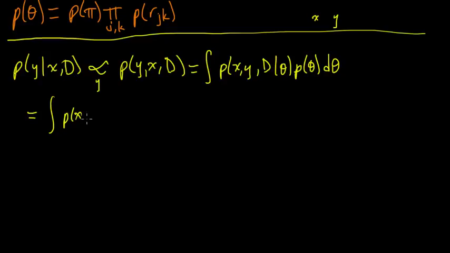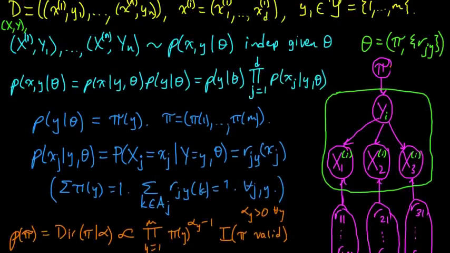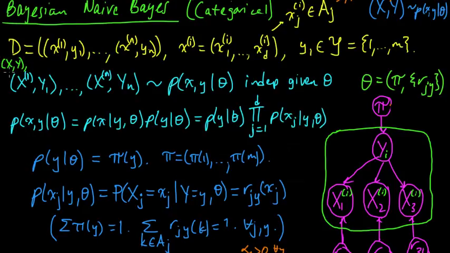So this factors, because each of these points, maybe I should be a little more formal here. Oh yeah, I wrote it here. This x, y, we'll think about the predictive distribution as being over these guys. This is just a generic one, and this is our data, and these are all conditionally independent given theta.